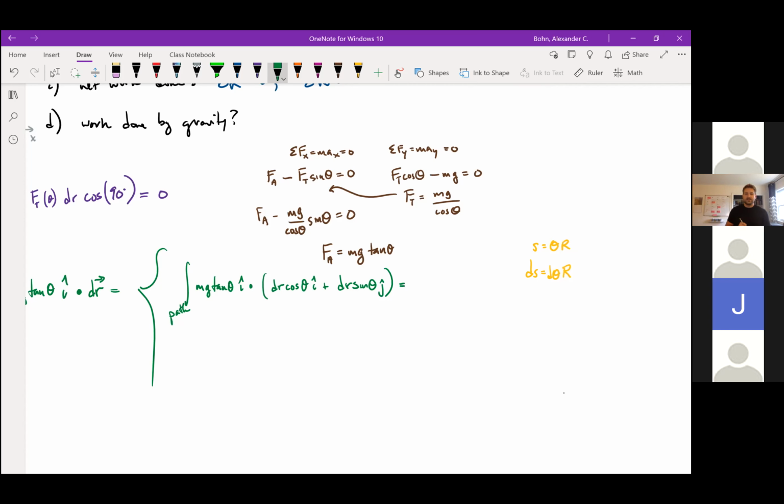I'll do both things in one step. The dot product, only the i dot i survives. i dot j, that's 0. Now we can label the integration bounds because we know exactly which variable we're talking about.